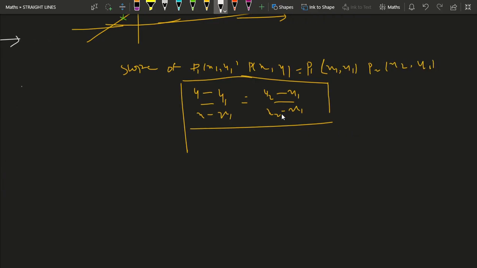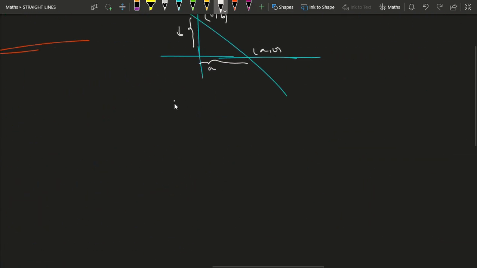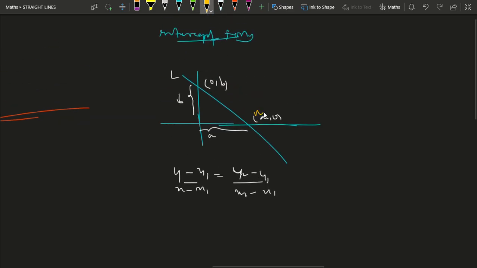Y minus y1 divided by x minus x1 is equal to y2 minus y1 divided by x2 minus x1, where this point is x1, y1 and x2, y2.